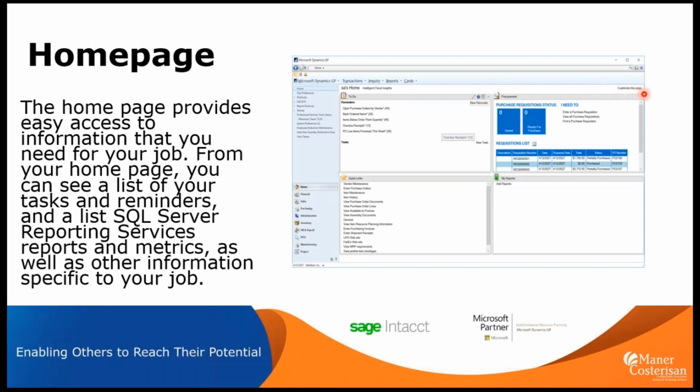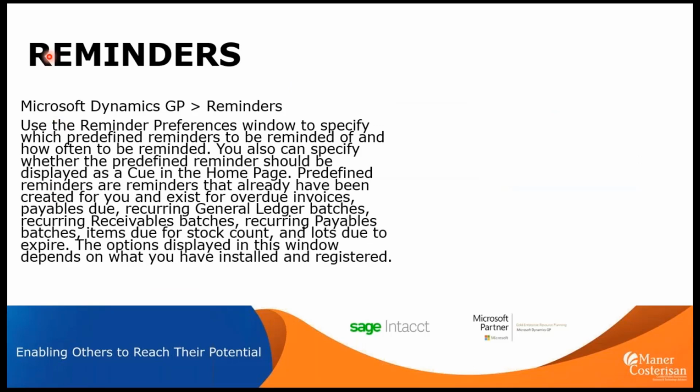You can have little screens like this one that shows a procurement, which is based on workflow. You could also have your reports that you constantly use. And you can have quick links like you see here, which are quick links to screens, to reports, to websites. The reminders.